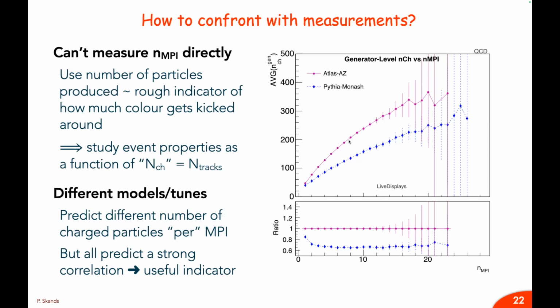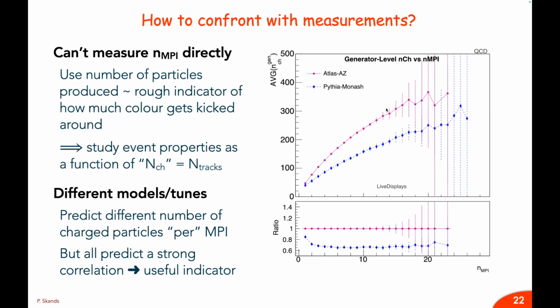But they both predict a very strong correlation between, like, am I going to use 2 multi-parton interactions to create this number of tracks, or just 1 multi-parton interaction? That's ambiguous. That depends on what the color reconnections are doing, and so how much am I reducing string length? So different models can have different sizes of this quantitatively, but they both predict a very strong correlation between what I can measure and the number of multi-parton interactions.